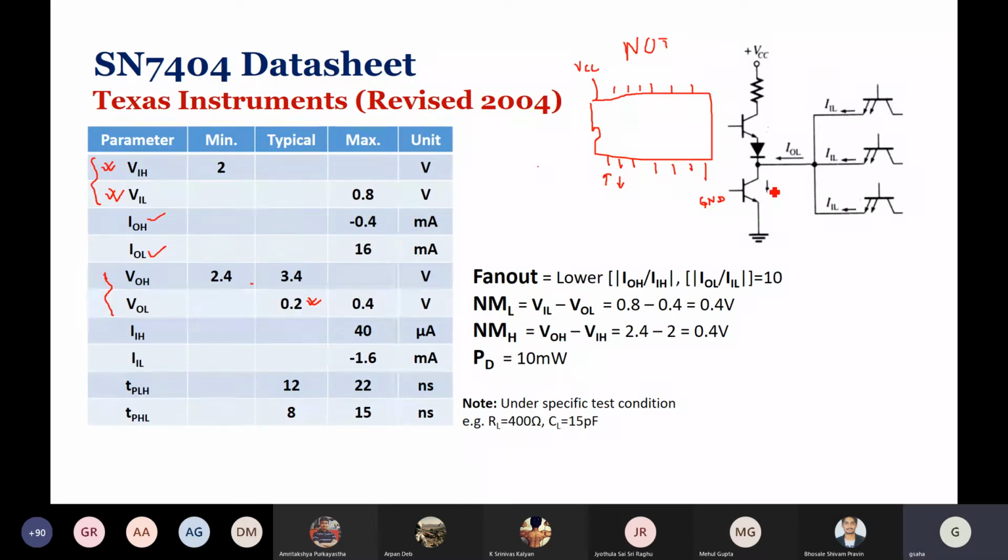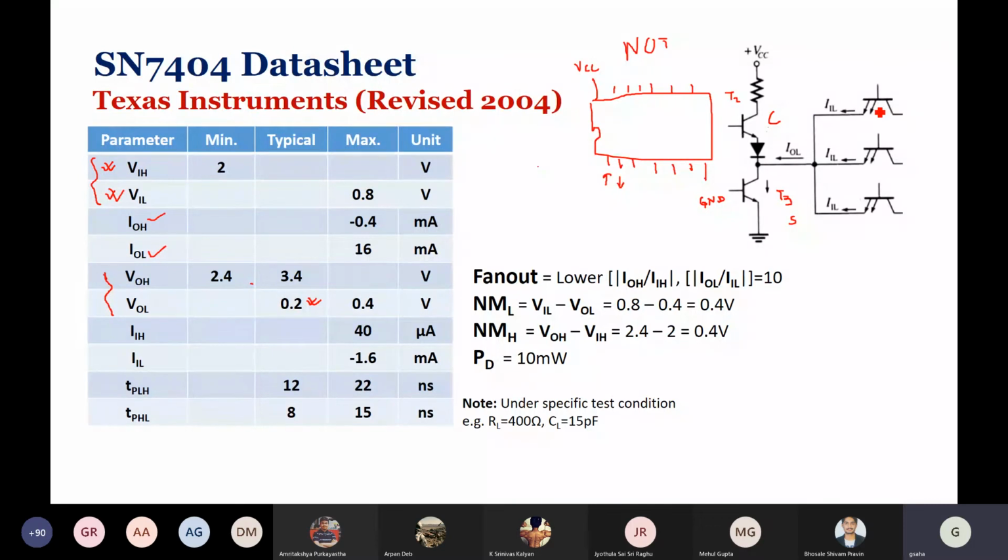So here, when T3 is in saturation and this is cut off, this is your T2, then it is sinking current. So how much current can it sink? You are connecting many similar devices, loads.